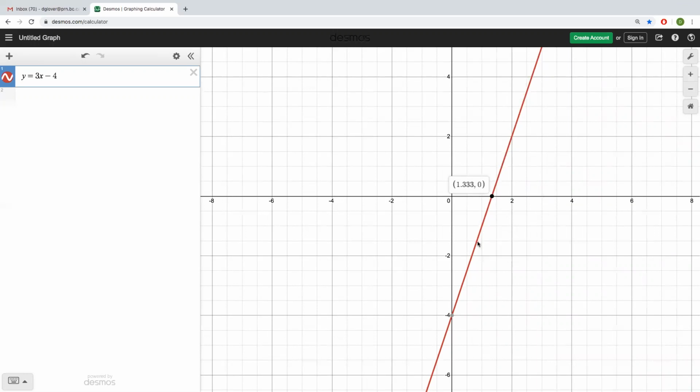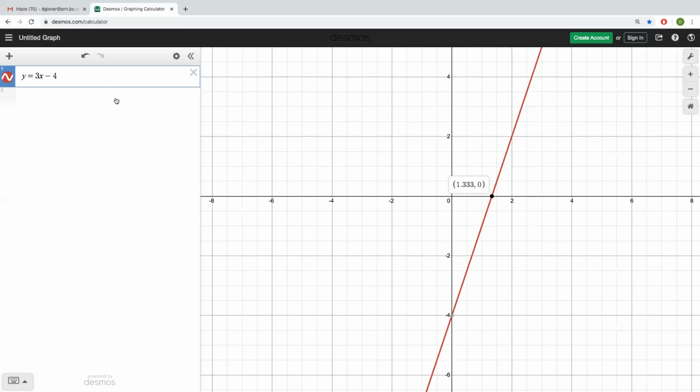So essentially, the idea I'm trying to convey is that as you get y values that are greater than 0, your x values go up, and the lowest x value that satisfies our needs is 1.33. So anything above 1.33, we've got a y value that works. Anything below, we don't.